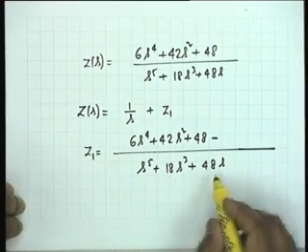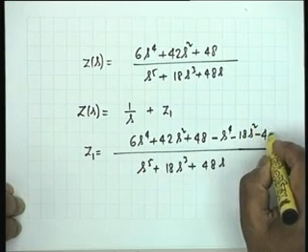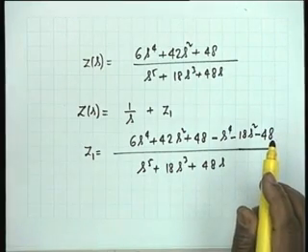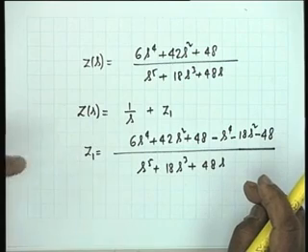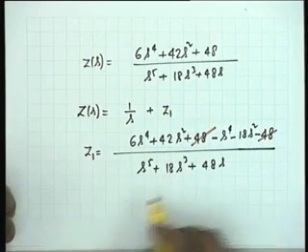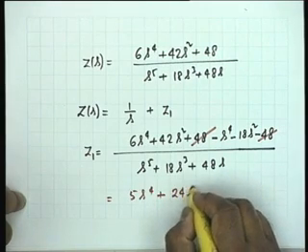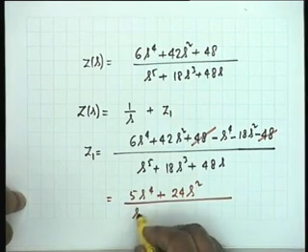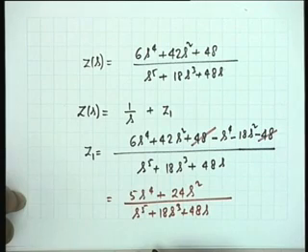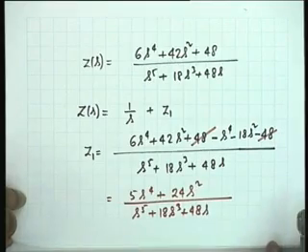So you have to take S out of here, S to the 4th minus 18 S squared minus 48, and you see that 48 and 48 cancel. There is no other way, because you are removing the pole at the origin, there must be a 0 at the origin for the remainder function. So these 2 cancel, and I get 5 S to the 4th plus 24 S squared divided by S to the 5 plus 18 S cubed plus 48 S. That is more in store, more cancellation, because the pole at the origin has been taken away.